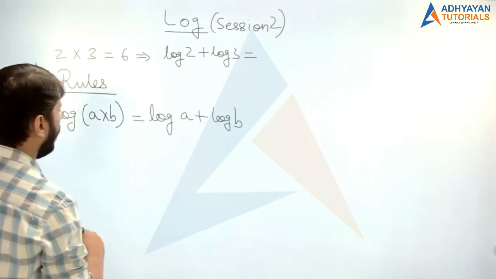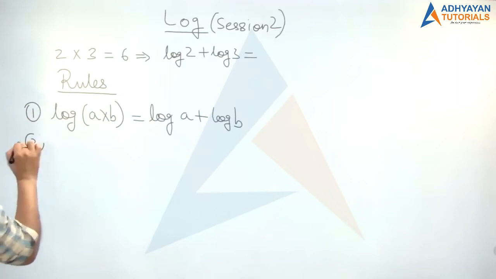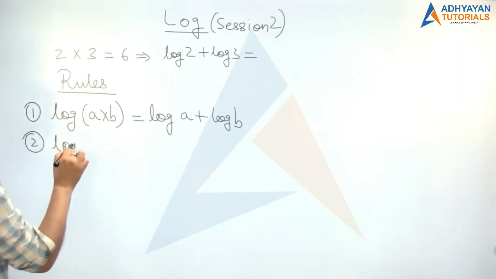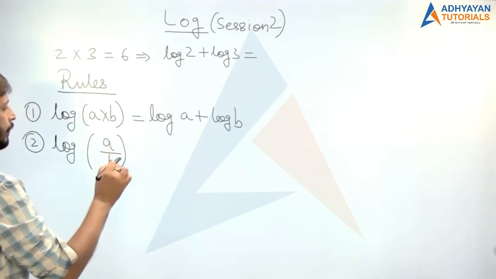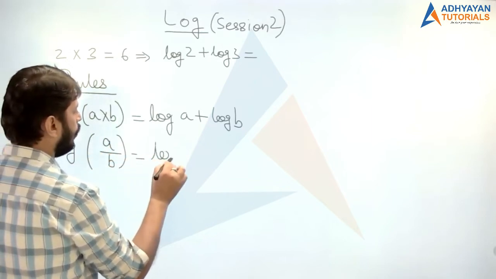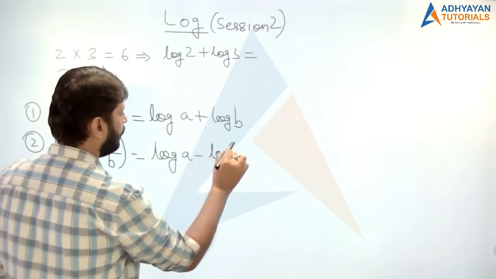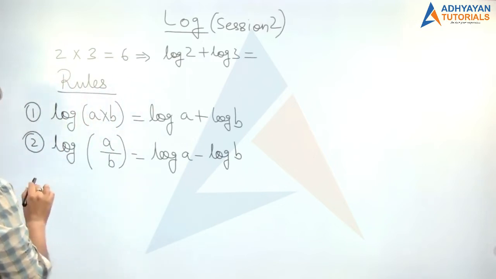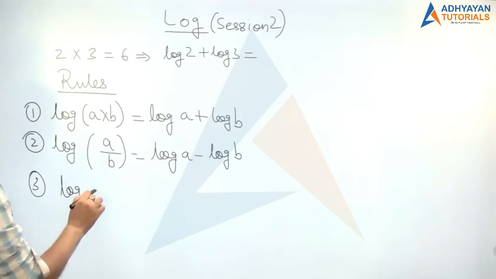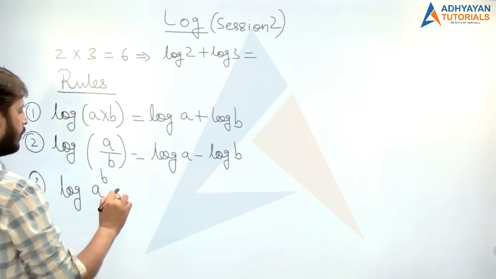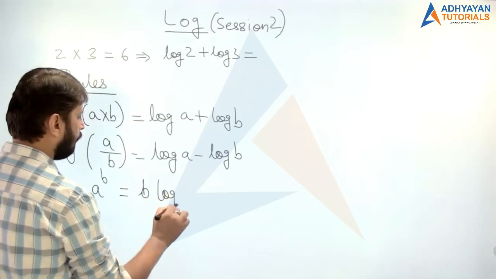This is the first rule. There is another rule, rule number 2: log of a over b becomes log of a minus log of b. And then the third and important rule is log of a raised to b, which becomes b log of a.